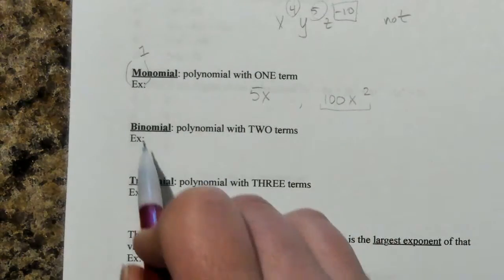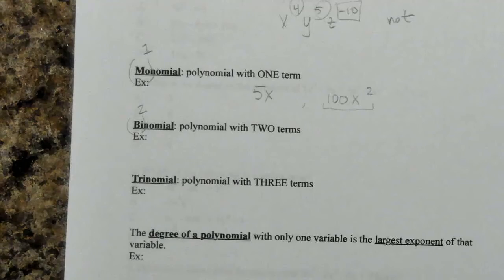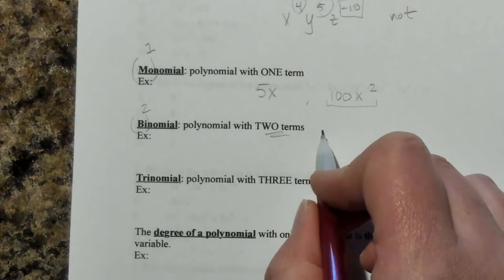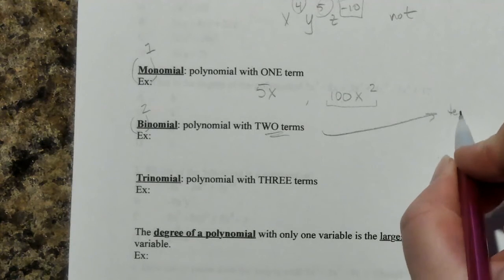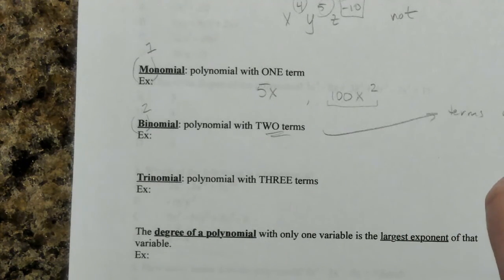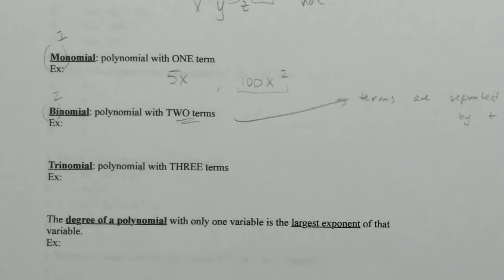If I have a binomial, this prefix bi meaning two, just like a bicycle, right? Polynomials with two terms. So the terms, you might want to take a note of this, your terms are separated by addition or subtraction. Okay. Terms are separated by addition or subtraction.